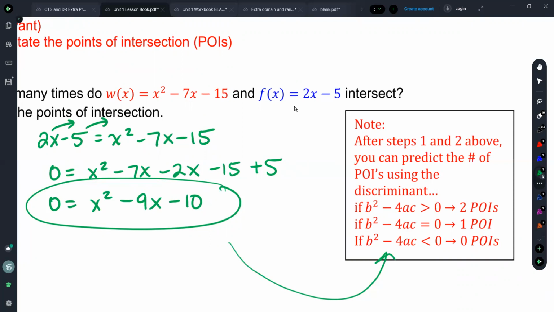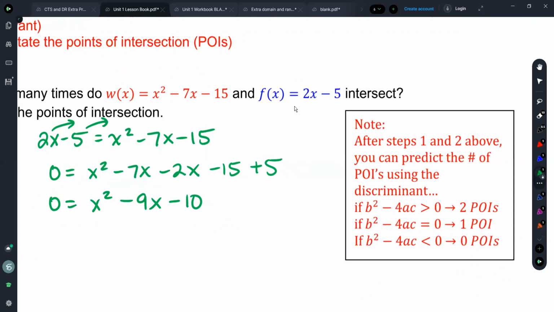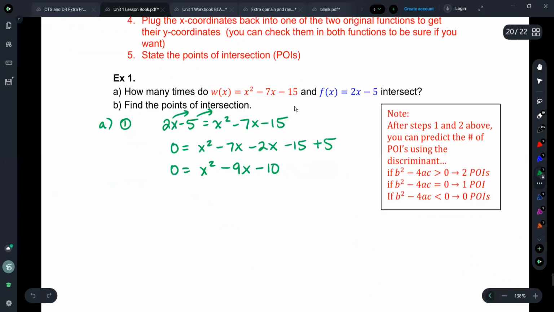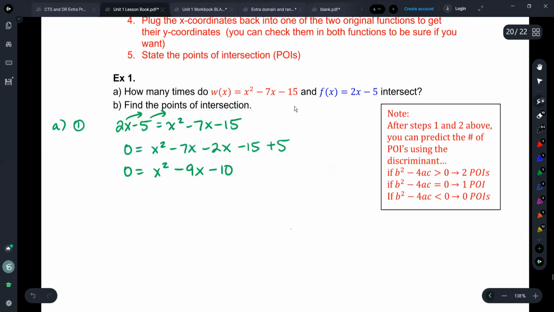So if we wanted to do a quick prediction here, let me just move this over. We could do b squared minus 4ac, which in this case would be -9 squared minus 4 times 1 times -10.